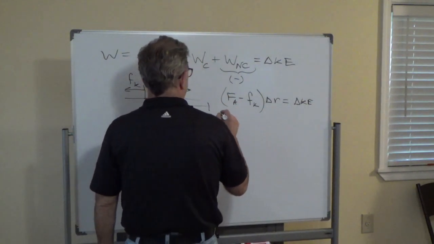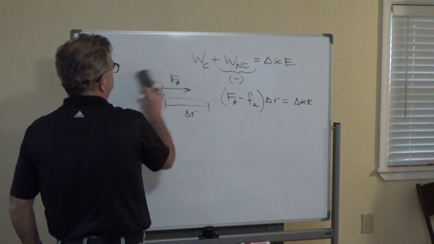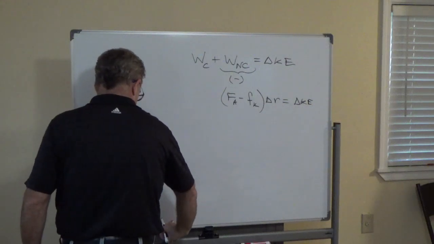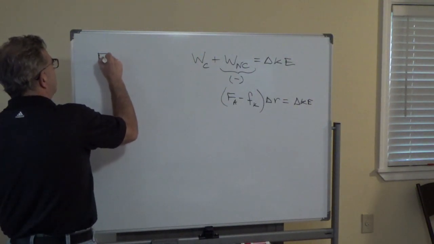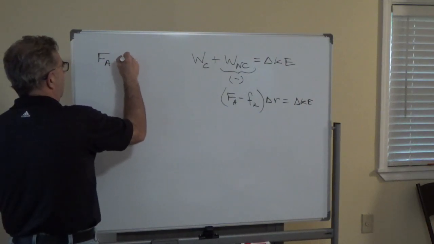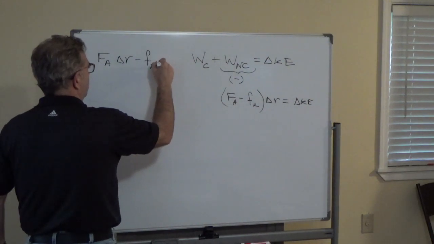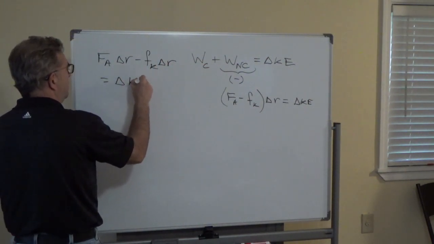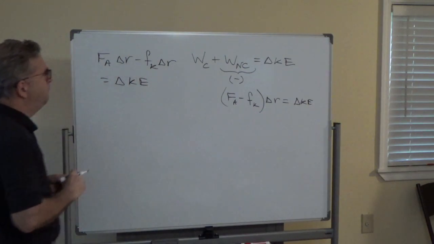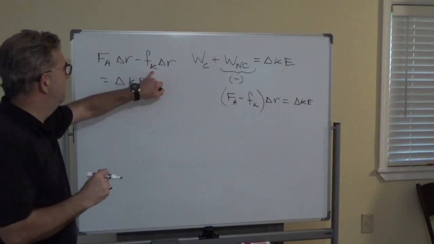So let me write it up here. This is equal to F_A delta R minus F_K delta R, and that equals delta KE. Okay? That is the work done by kinetic friction.